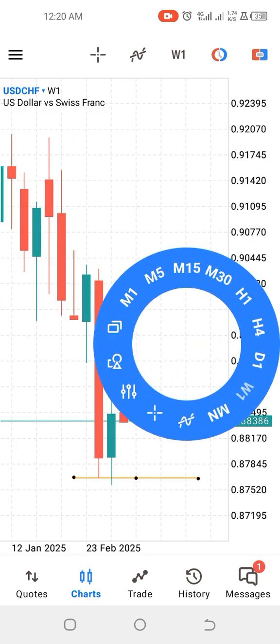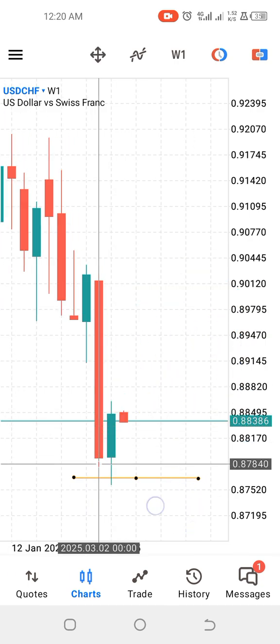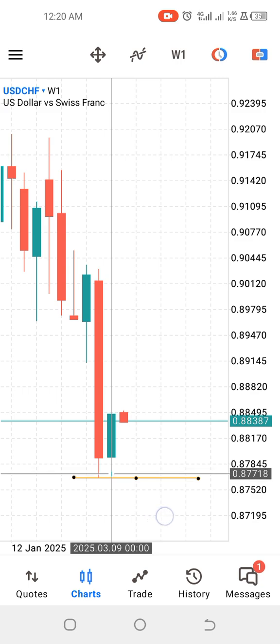You can see the weak rejection, the wick, that took out the liquidity from this previous weekly candle. Instead of price pushing down with a full body candle, it pushed down initially but later closed inside, giving us this bullish candle.